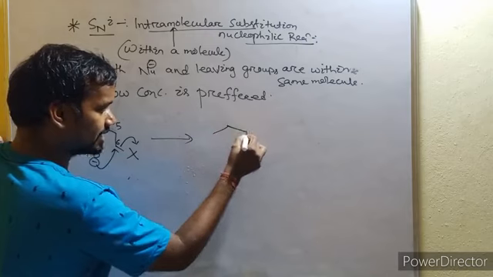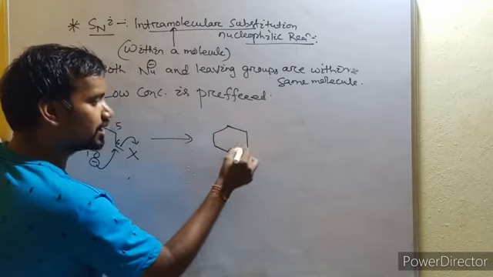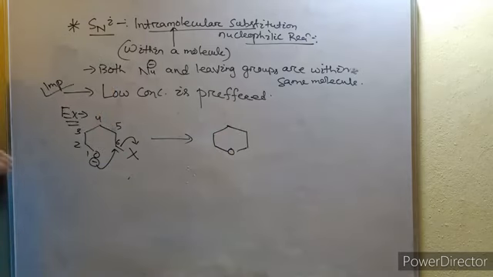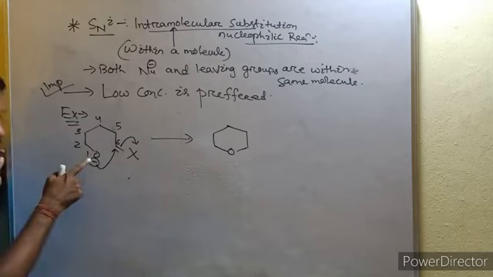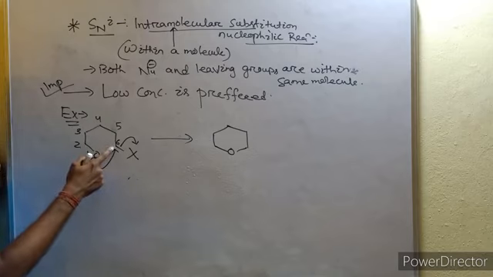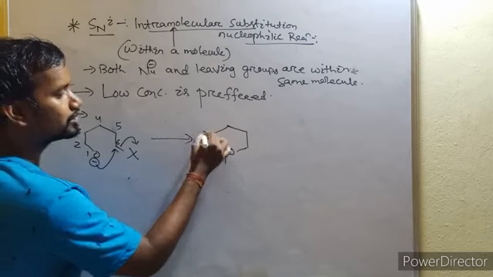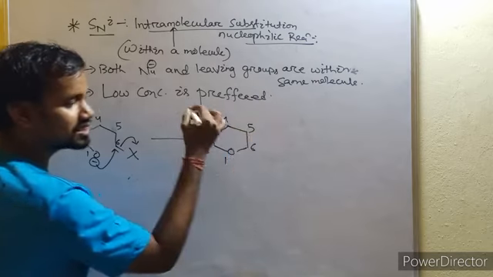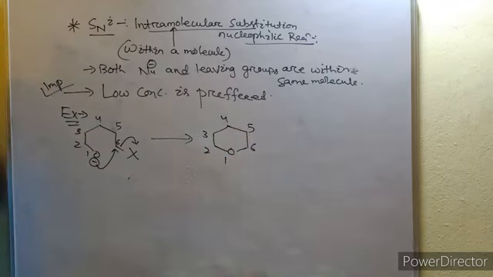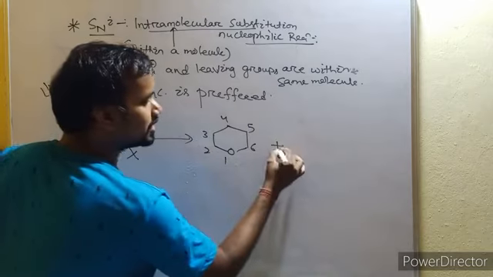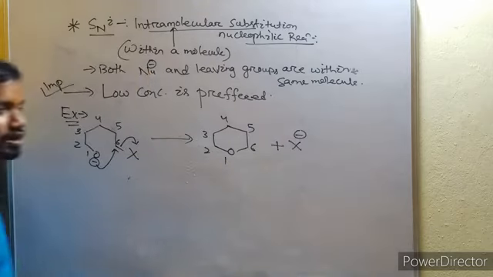How to know the ring size? By making the numbering. Always I will suggest please do numbering, which position is attacking where, so that you can attach them easily. Okay, so this is your compound 1 2 3 4 5 6. See, 6-membered ring, and X minus will be released from here.